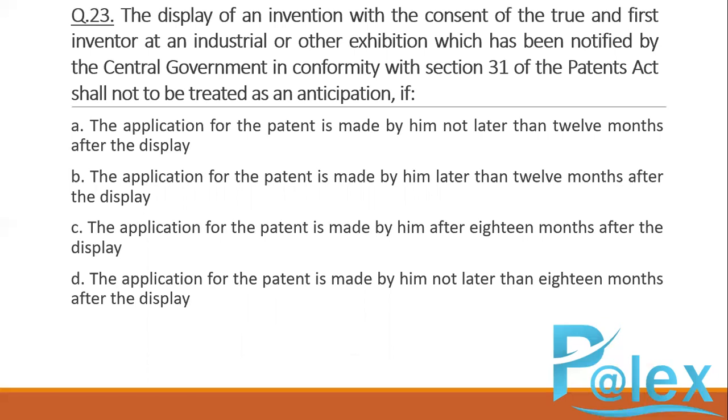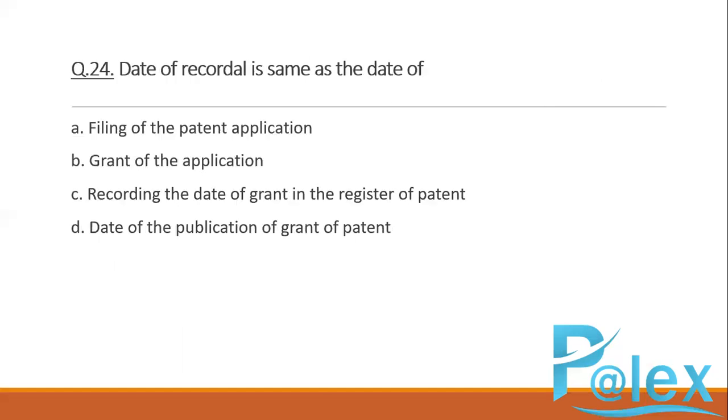Under section 31, any display in an exhibition notified by the central government is an exception to anticipation if the application for the patent is made by him not later than 12 months actually. So if the applicant files the application within 12 months, then only it is accepted. So the other options are later than 12, 18 and later than 18 months.